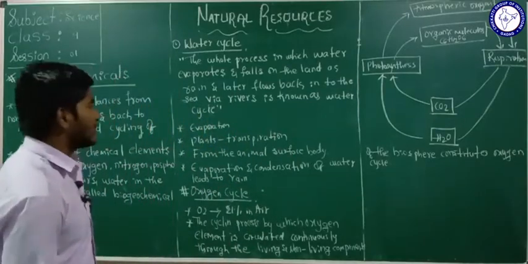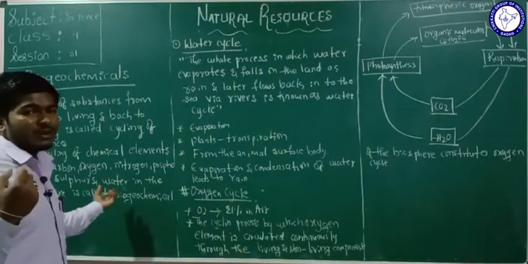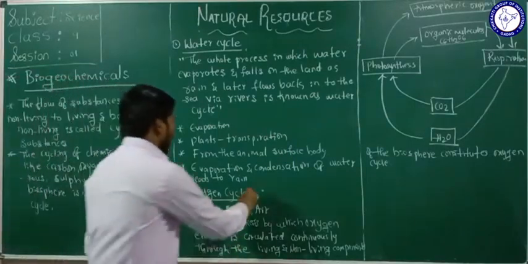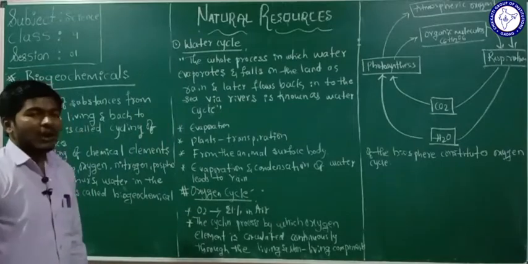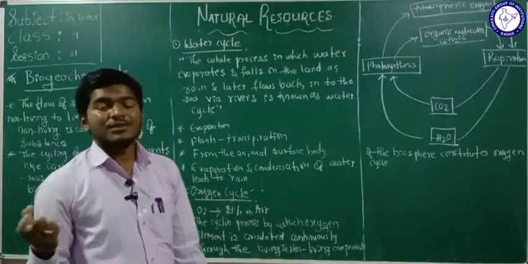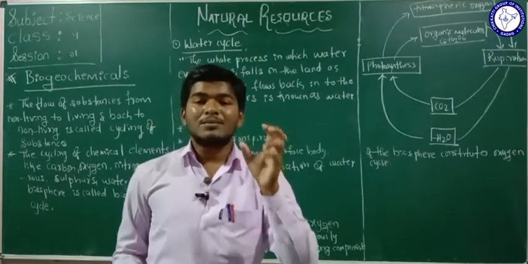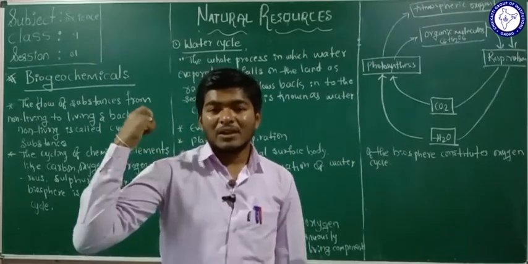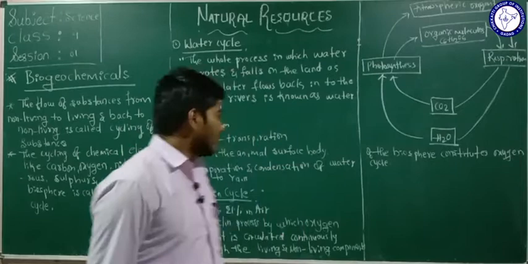So the second cycle in the biogeochemical cycles that I am considering is the oxygen cycle here. Oxygen is another element present in the air, the most important element, which is utilized by living organisms in the respiration process.